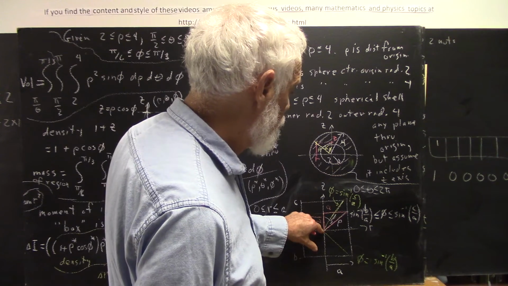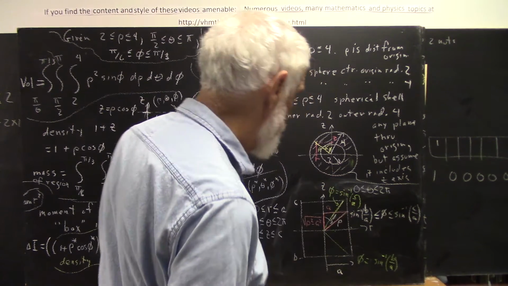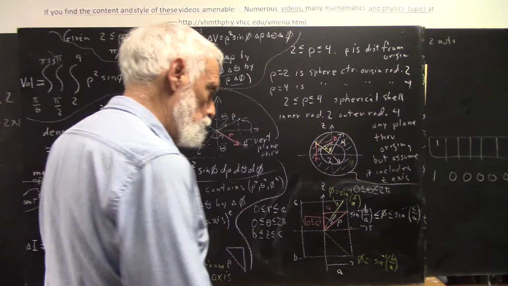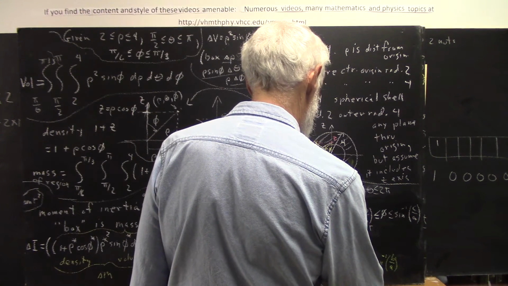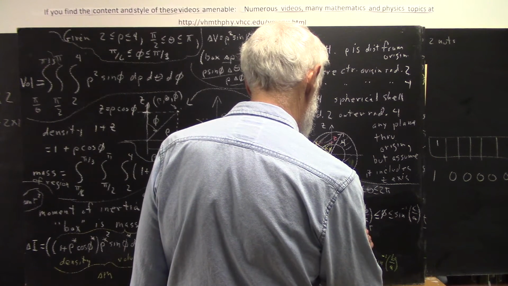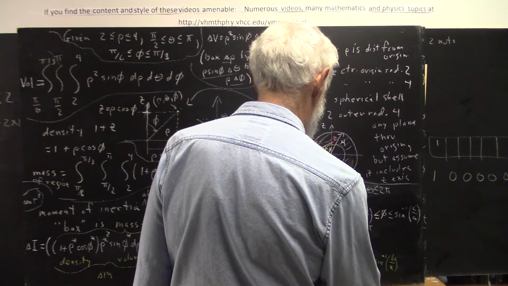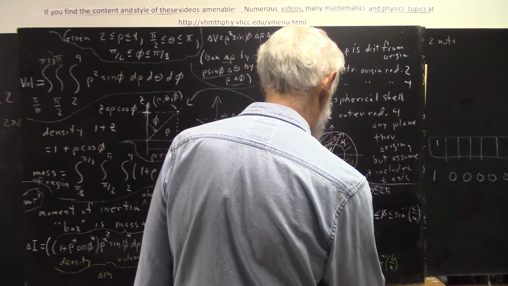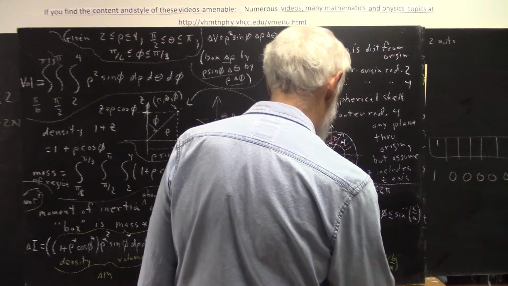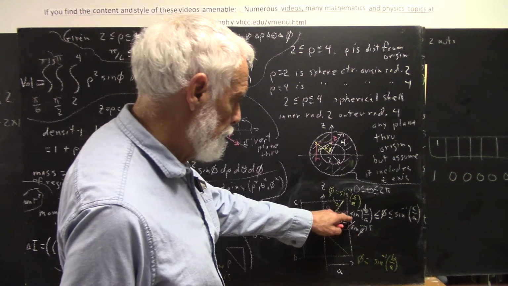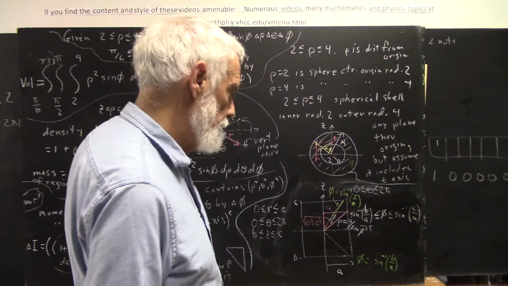So rho is going to go from 0 to a over the sine of phi. Hope you can read that. Rho is a over sine of phi at this point.